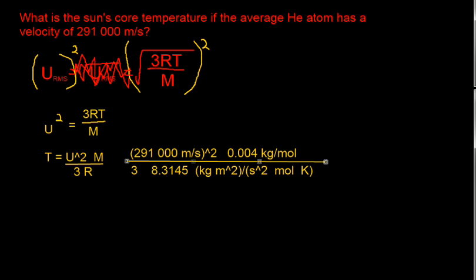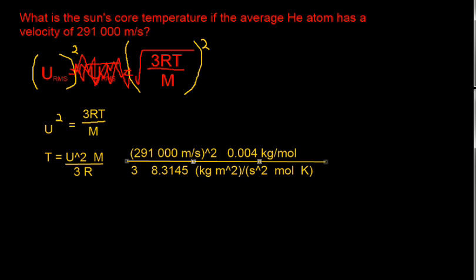Okay, so now as you can see, pretty much everything here cancels. The moles will cancel, our meters per second will cancel, and our kilograms will cancel. The only thing we're going to have left is Kelvin, which is what we want.